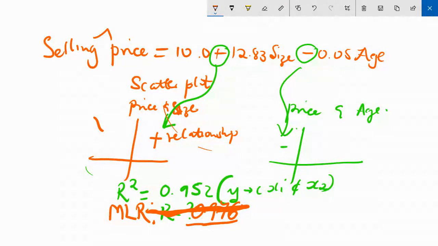So you should not interpret R for multiple linear regression. Some software, whenever you run the results, will give you the value of R, but ignore it. Because if we start asking you questions, you won't even answer a single question based on whatever you'll be calculating.